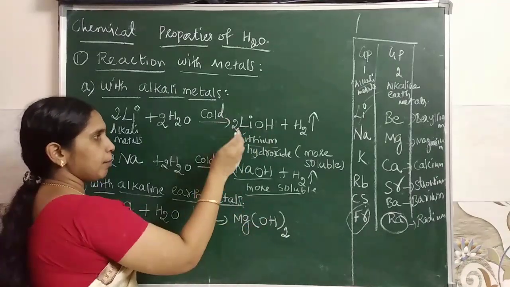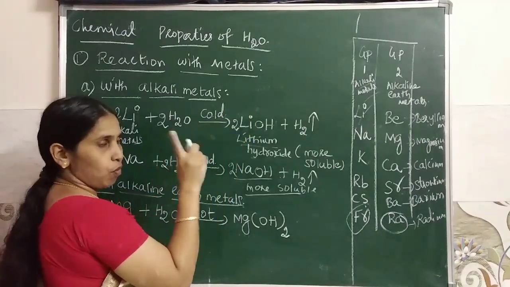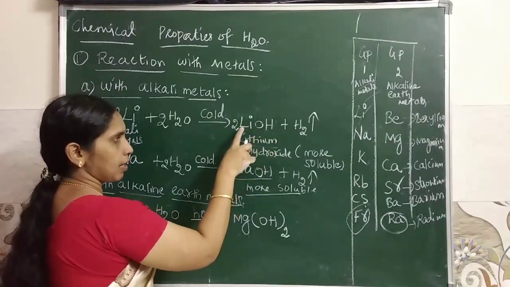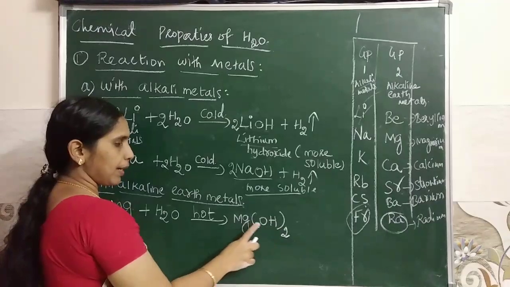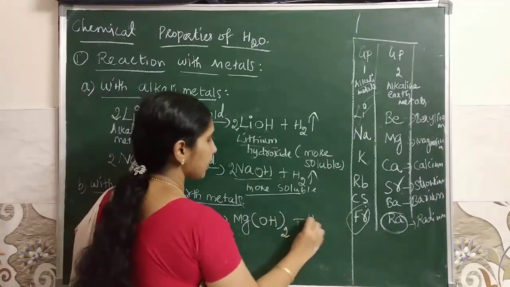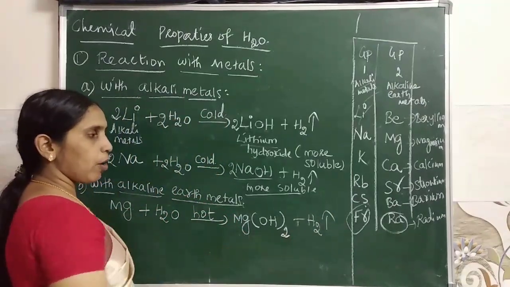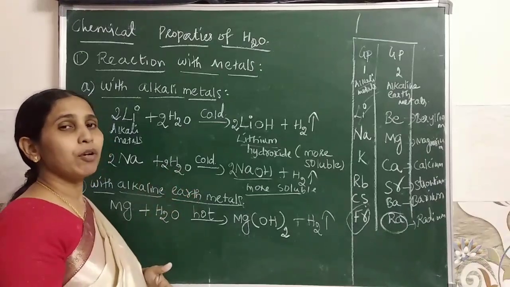Because for lithium hydroxide, lithium's outermost valency is 1 plus and hydroxide is 1 minus, so they cancel and the formula is LiOH. Here magnesium hydroxide, Mg(OH)2, plus H2. Why do we put an upward arrow? An upward arrow denotes gas.